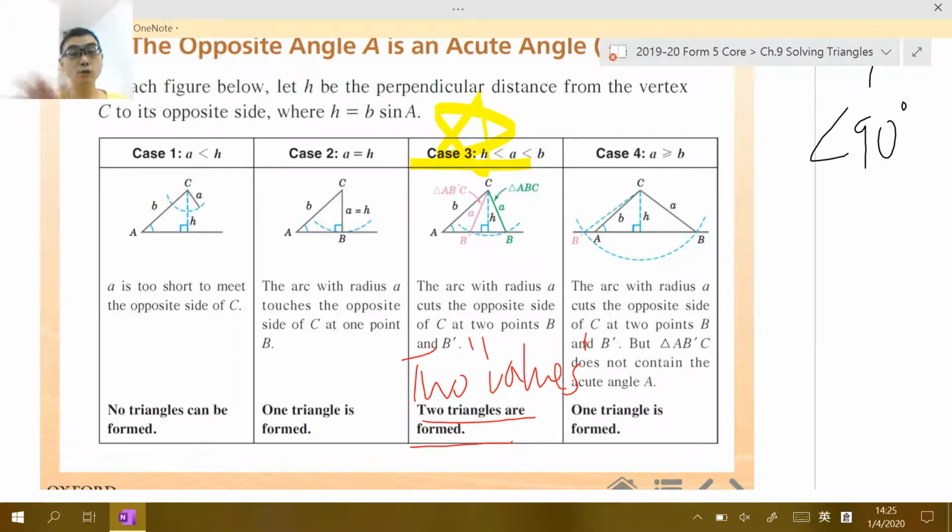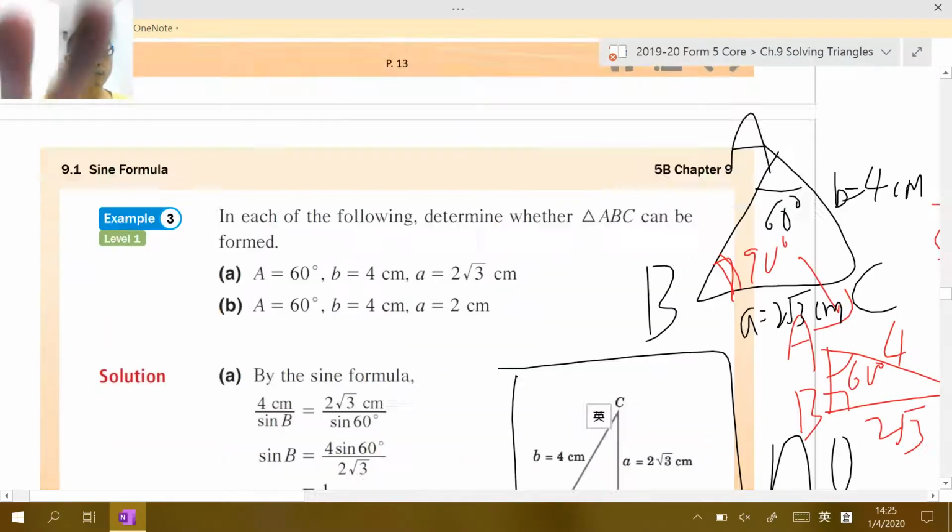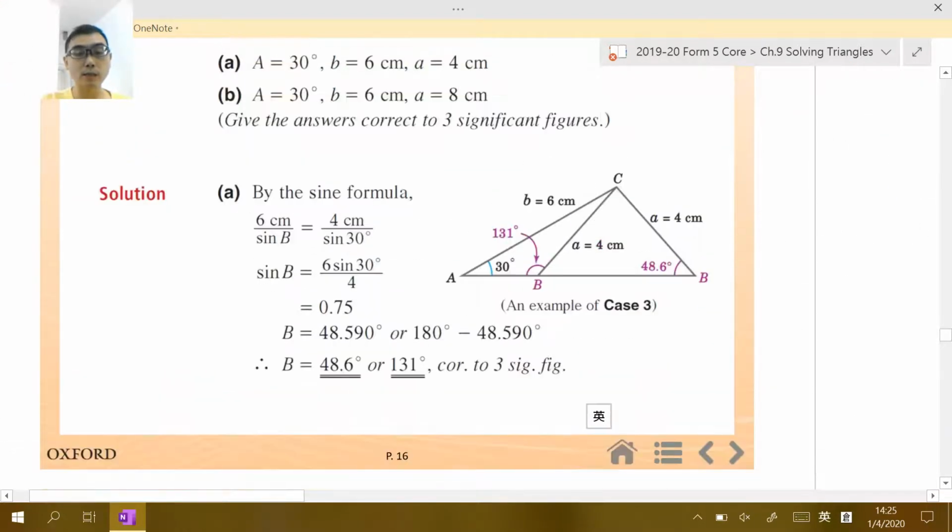If you do not understand this figure thoroughly, it's okay, because practically you don't need to use it. The most important thing is that now we go to see some examples.